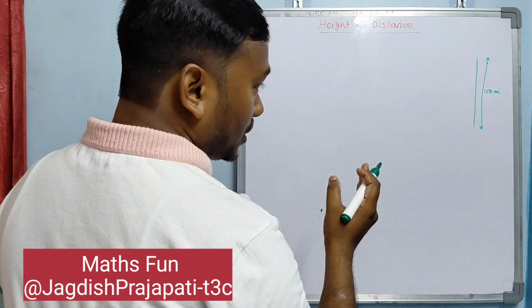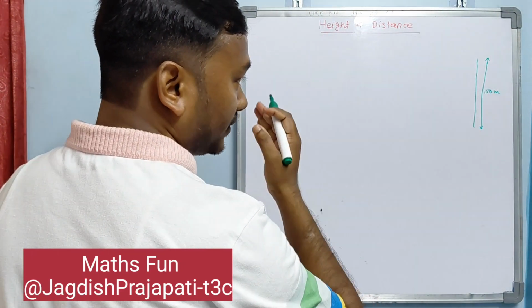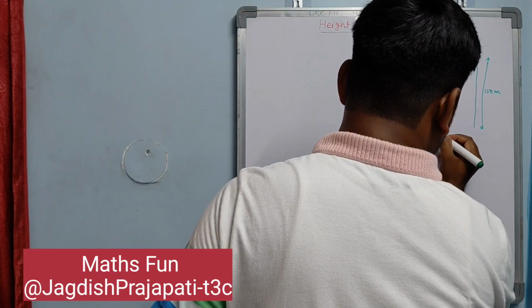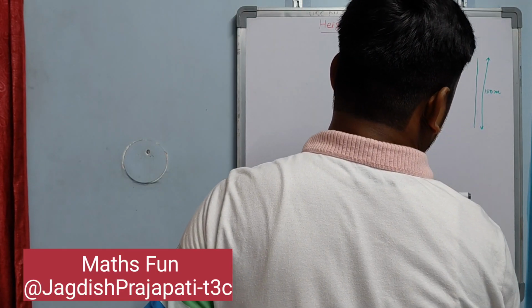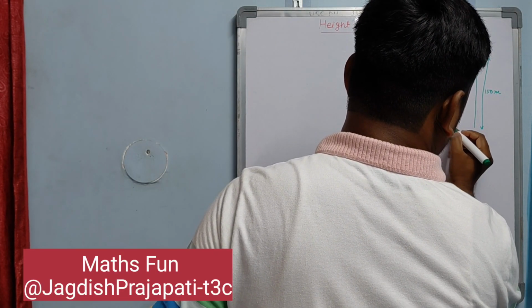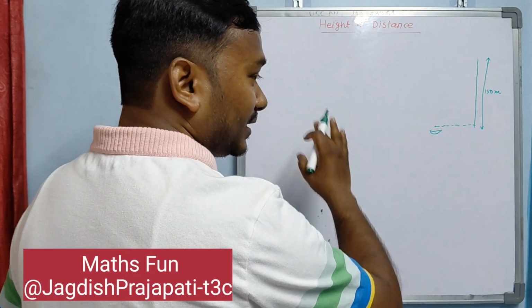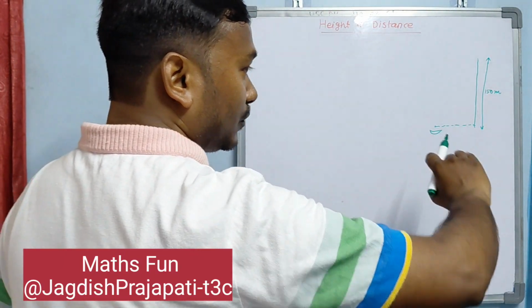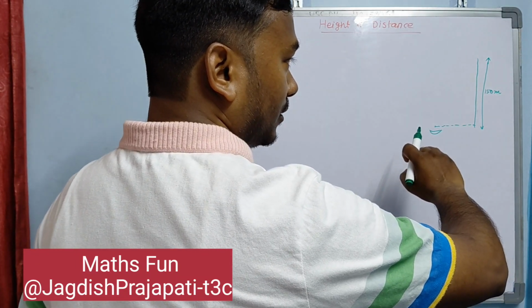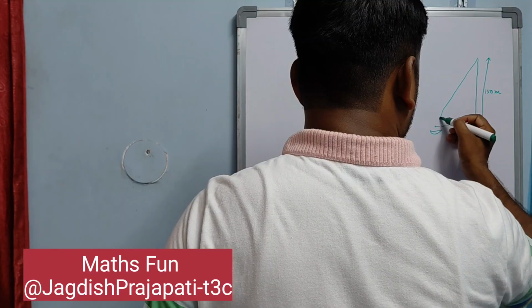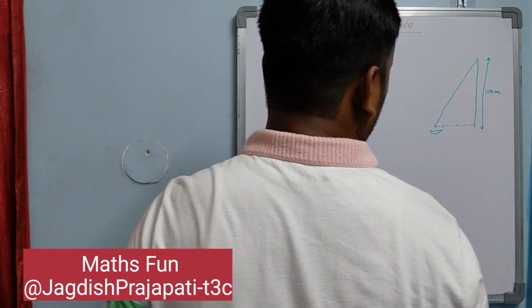A boat is observed moving away from the cliff. It is said that at some time a boat is here, and it has been observed. It will move on the water surface, because it will go on the water level. Here the angle of elevation is given.